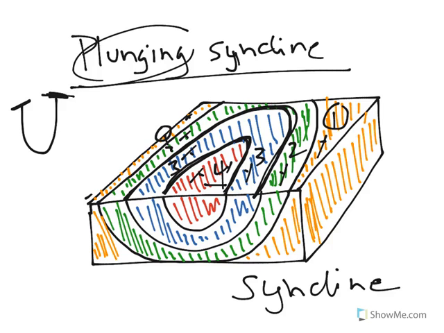So here, let's trace out one of these U's. Here we have a U. The open end of the U is pointing down. So that makes this a south plunging syncline. Okay, so just remember that.